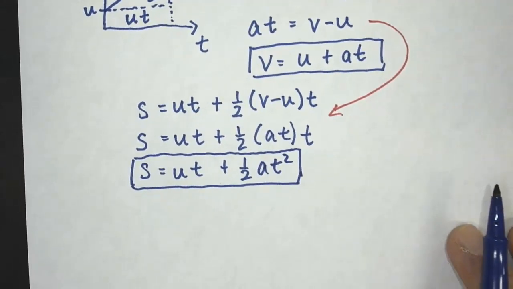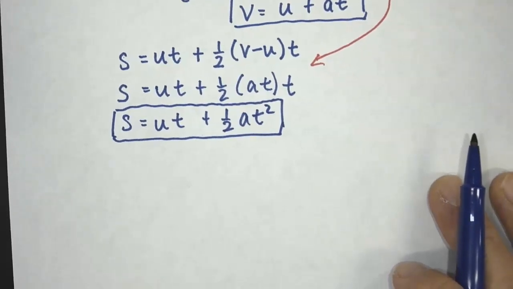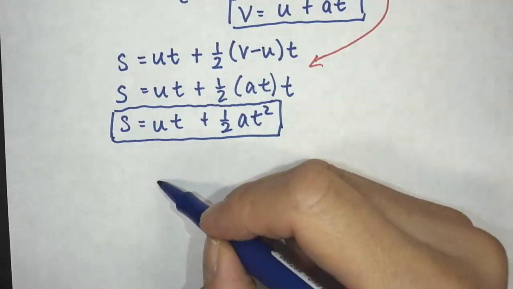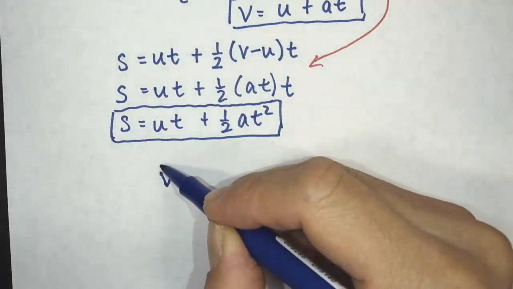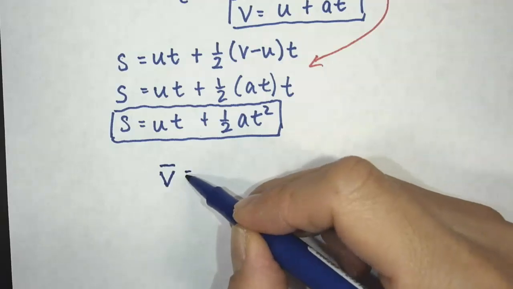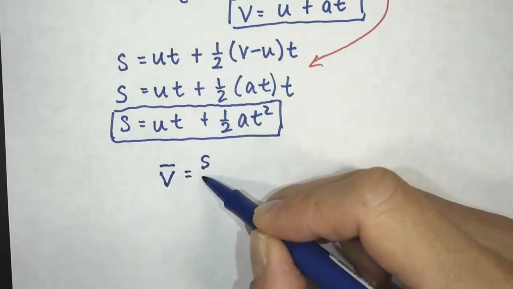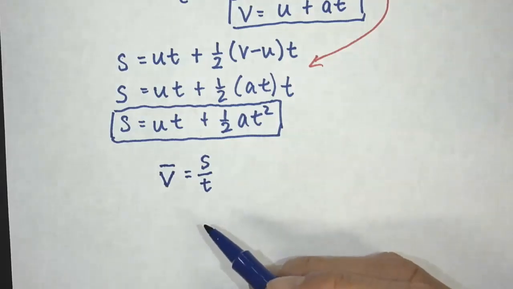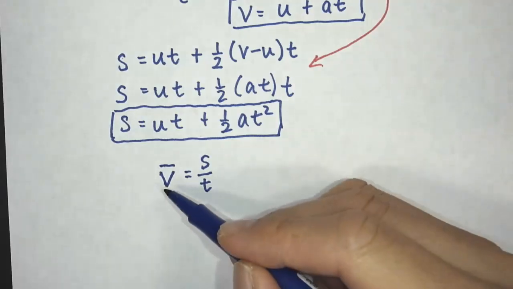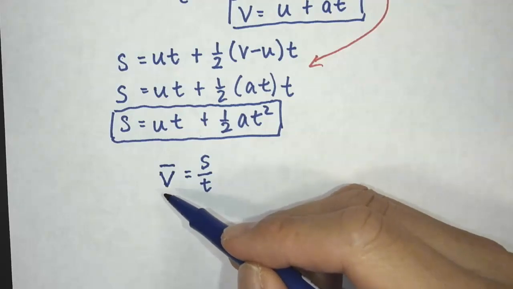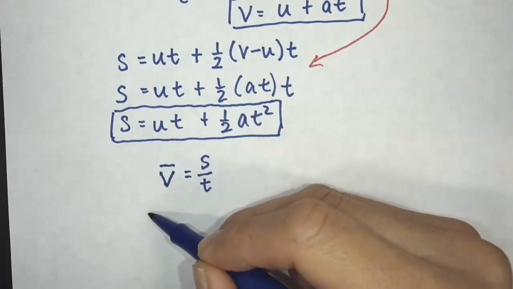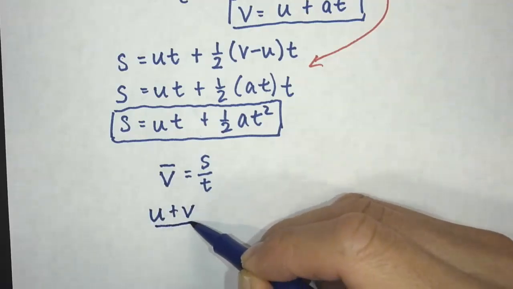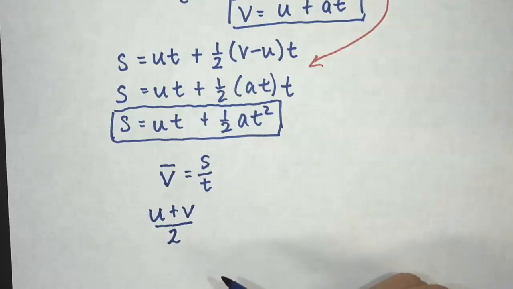And then for our third kinematic equation, we're going to think about this idea of average velocity. So average velocity, you might see it written like this, sometimes it's got a bar above it, is equal to the displacement divided by the time. Okay, so that's kind of the definition of average velocity. Now, you can also find average velocity if it is constant acceleration. We can add the initial velocity plus the final velocity divided by 2. It's kind of like doing a simple average of two numbers.